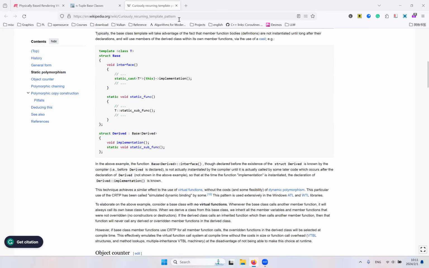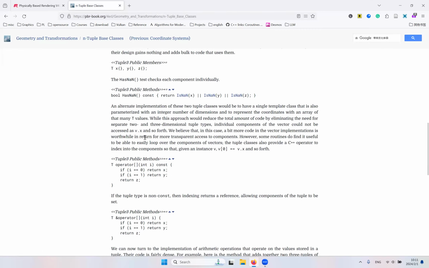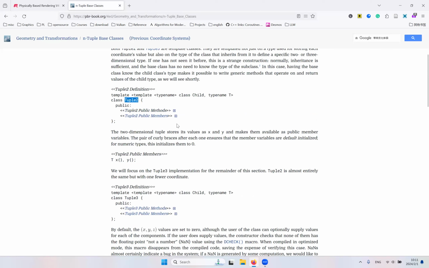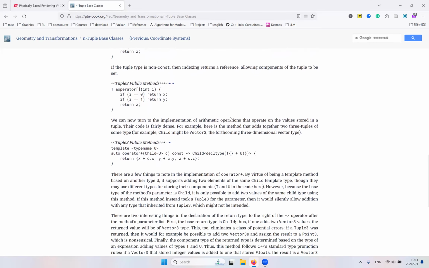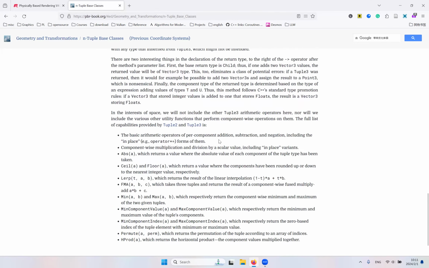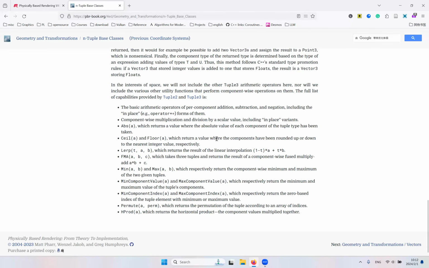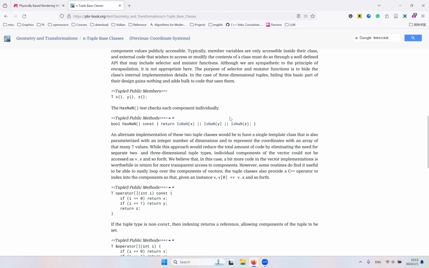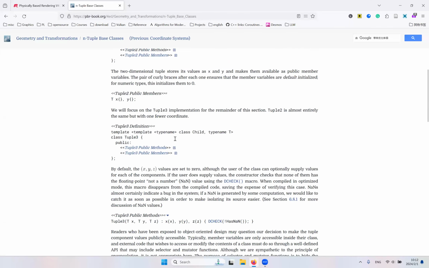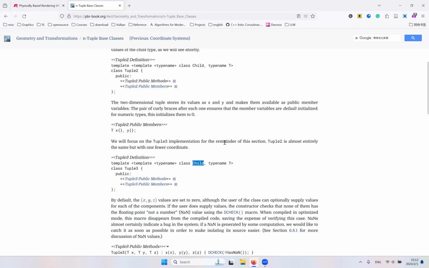But basically, the idea is that we want to share this code for both point and vector, which normal inheritance in C++ just can't do. So we need both inheritance and templates like this.